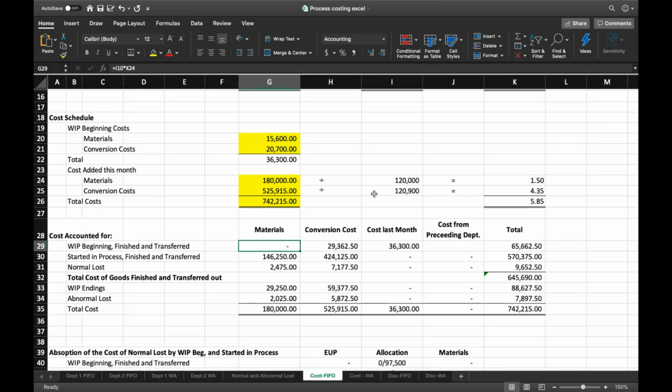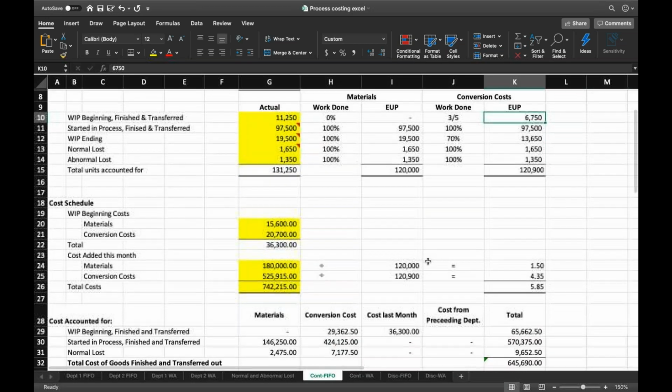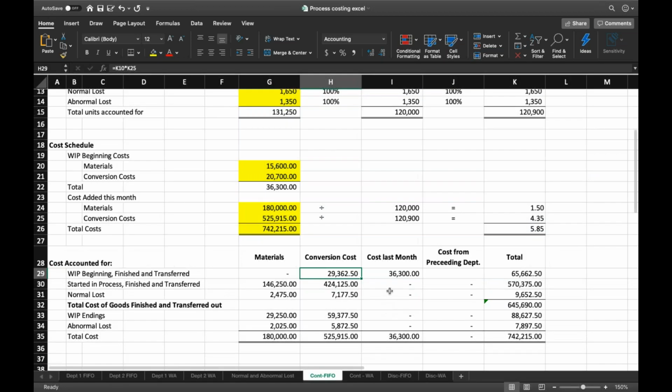For the conversion cost, he uses 6,750 units, equivalent units, times 4.35 equals 29,362.50. And then, dahil meron siyang cost last month, sa kanya lahat yon. So, ang total cost used for this month for work in process beginning is 65,662.